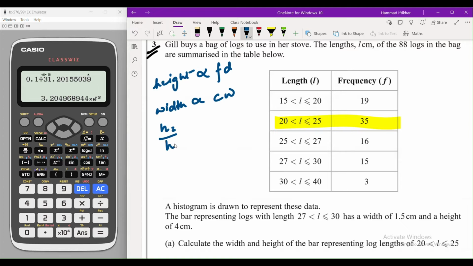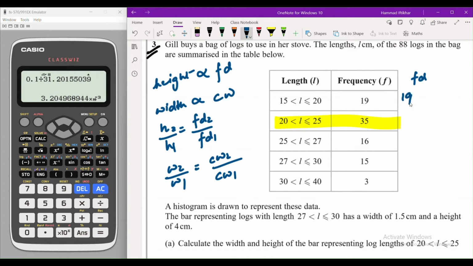So H2 over H1 is equal to frequency density 2 divided by frequency density 1. Similarly, width 2 divided by width 1, class width 2, class width 1. So for that, first we need to find out the frequency densities also.